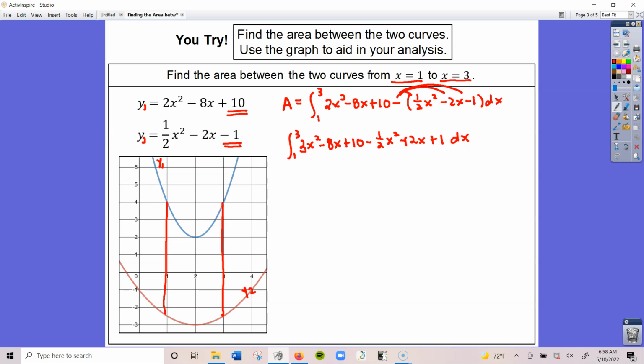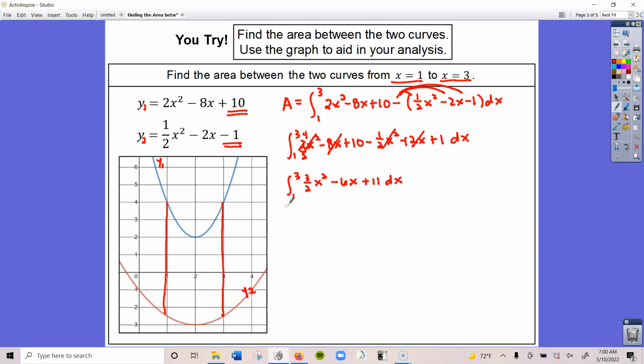If I put this over 2 so I can subtract, this is 4 over 2 x squared minus 1/2 x squared, which is 3 over 2 x squared. Then we have negative 8x plus 2x is negative 6x. And 10 plus 1 is plus 11 dx.